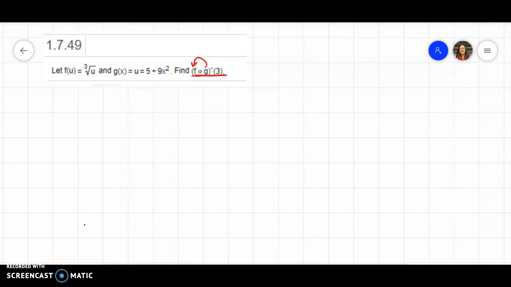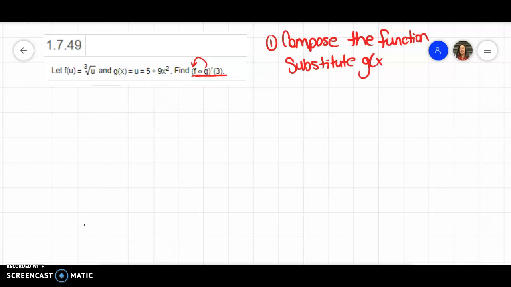So I'm going to really quickly write the steps down that I am going to do. I am going to compose the function, which means I am going to substitute g of x into f of x. So that is my first step.